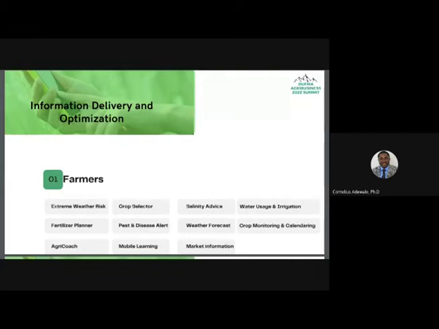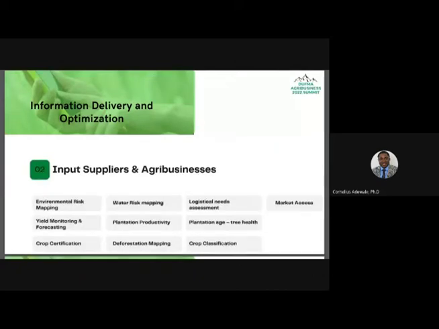For instance, let's give an example for farmers, right? Farmers need to be well aware of extreme weather risk on their farm, whether it's fertilizer planning, whether it's pest and disease management alerts. So many things whereby you could further develop and create value. The same thing with input suppliers. There is certain information that they need.